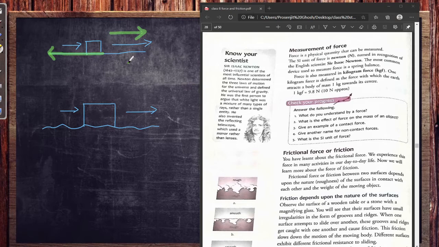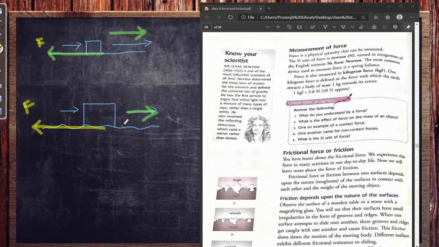It will act at the place or at the contact point of the body with the surface. I just told you two things, write them down. Friction force will act oppositely on a moving body, and it acts at the contact place or the contact point of the body with the surface. So as you can see, as the body is moving in this direction, the friction force is working in the opposite direction. Now this friction force is acting on the contact surface of the body with the ground.